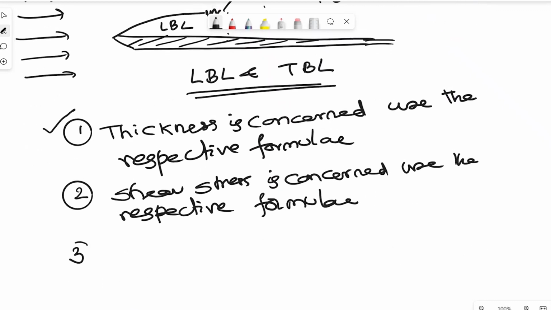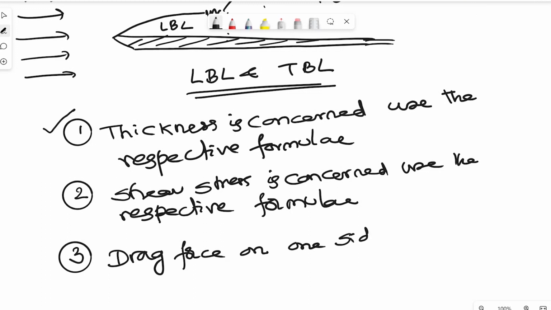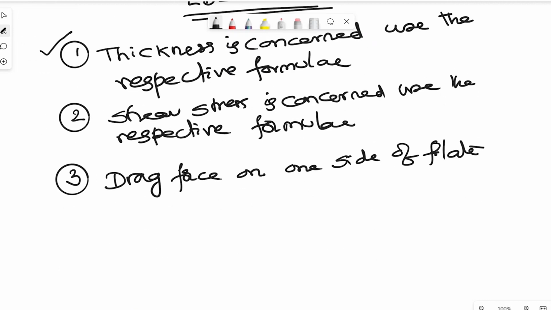But now the real problem comes: what is the drag force on one side of the plate? The drag force is not calculated at one point. The force is calculated on the entire plate. On the entire plate, some portion is LBL, some portion is TBL. Shear stress is only at a point, maybe here, maybe there. Thickness also, maybe here, maybe there. But drag force is on the entire plate.